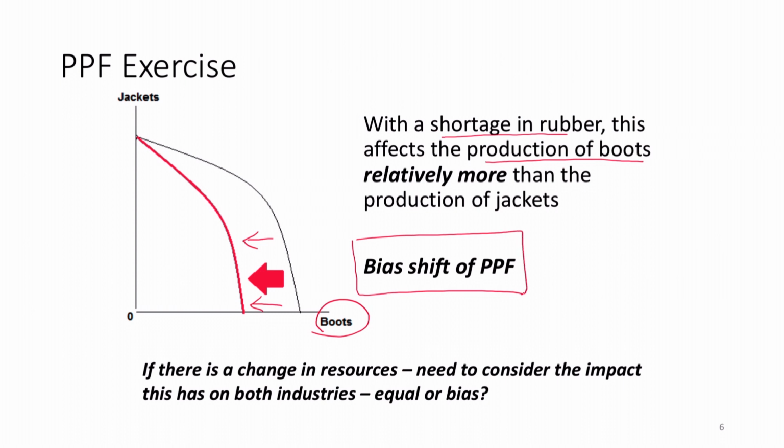If instead the shortage came in, for example, workers, then a shortage in workers would affect both the boots industry as well as the jackets industry, and we would have an equal shift in of the PPF curve. So again, if we're talking about shifts in the PPF curve, they have to come specifically from changes in resources or from changes in technology that would make our resources more productive.